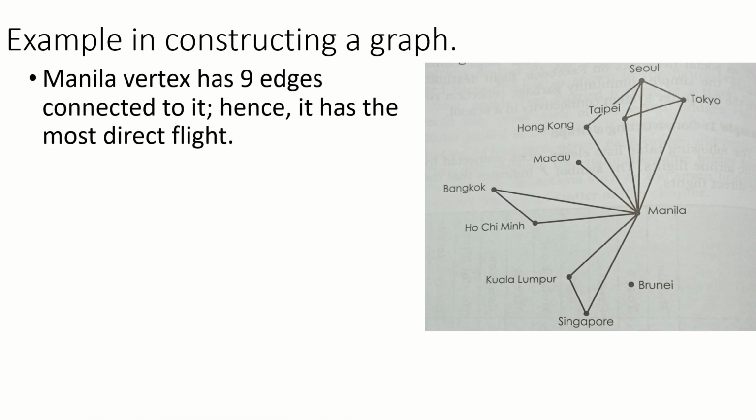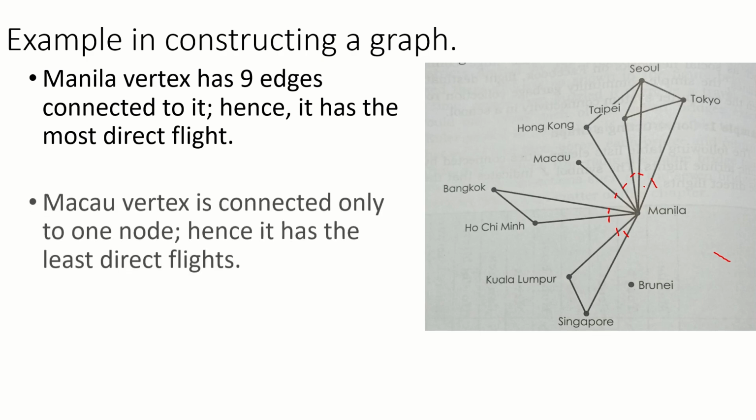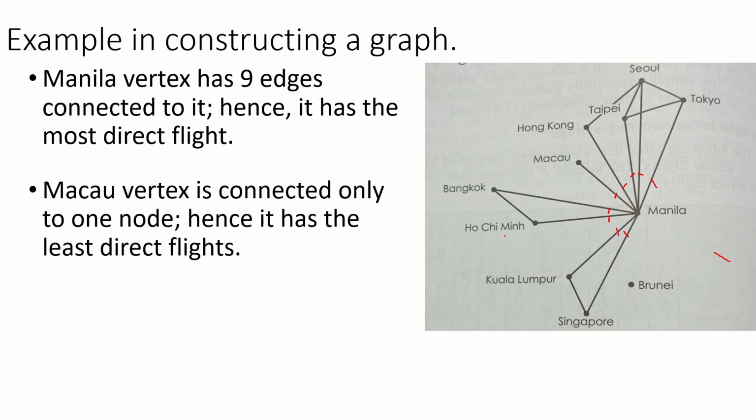So if you notice, the Manila vertex has 9 edges. If you count this one, we have 1, 2, 3, 4, 5, 6, 7, 8, 9. Hence, it has the most direct flights. So it has 9 direct flights to be specific. Macau, on the other hand, where's Macau? This one.